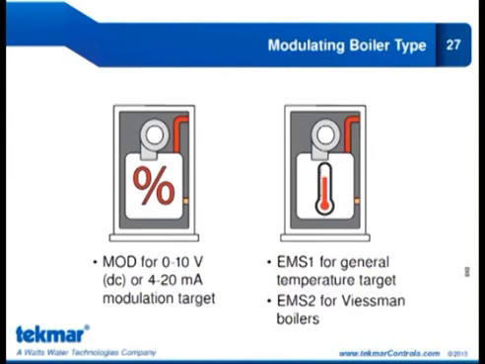Granted, I do know that people have installed 275s, but it's not intended to operate that type of signal. So this 284 has one of the selections for the boiler type as EMS1, for just a Tecmar temperature range, which goes from 50 to 210. Then we have EMS2 for the Viessmann specific boiler.